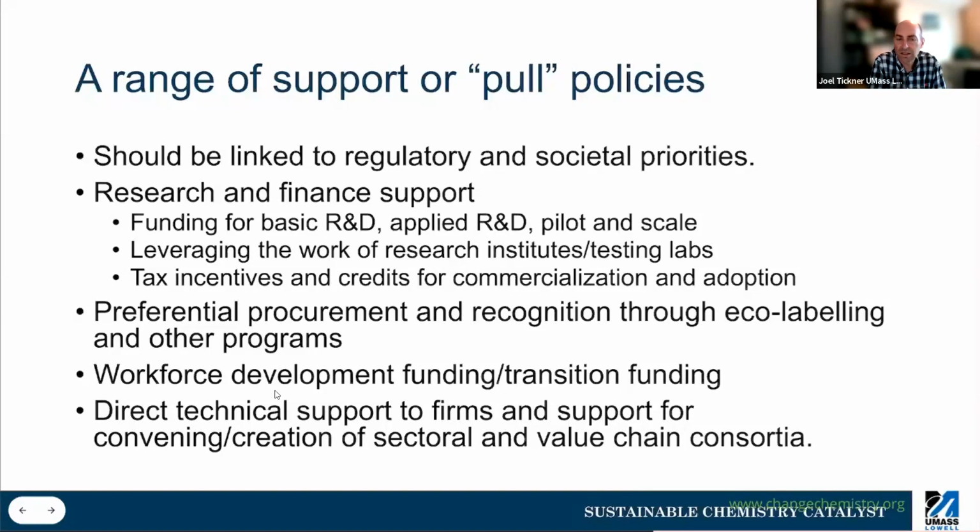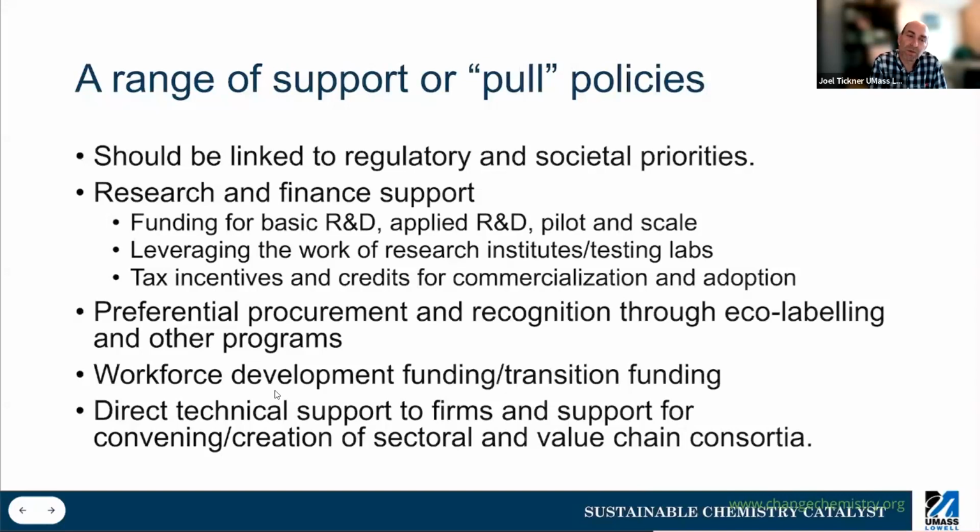And then clearly direct technical support. So there is a need, and this is why UNIDO, the UN Industrial Development Organization, and UNEP set up what are called cleaner production centers around the world, which are centers that can provide direct technical support to companies, to farmers, and support for really adopting more sustainable chemicals and practices.